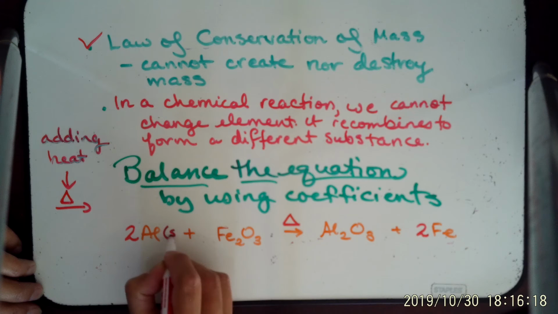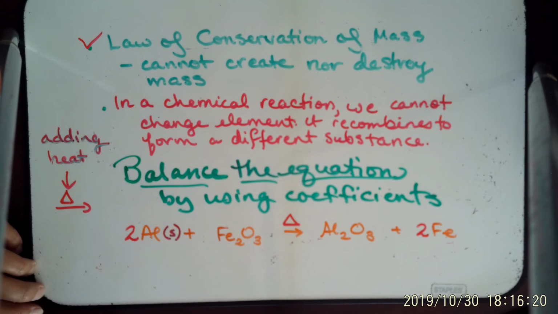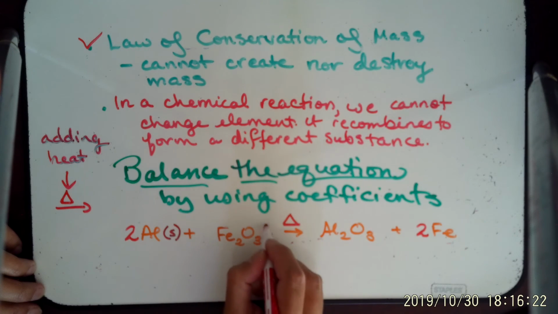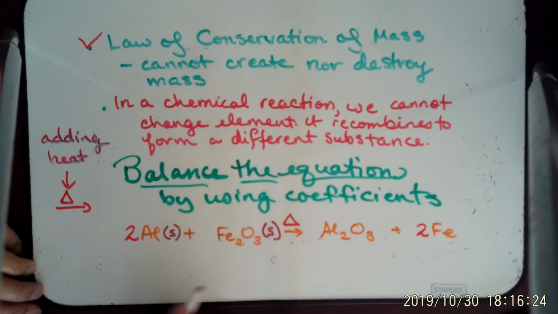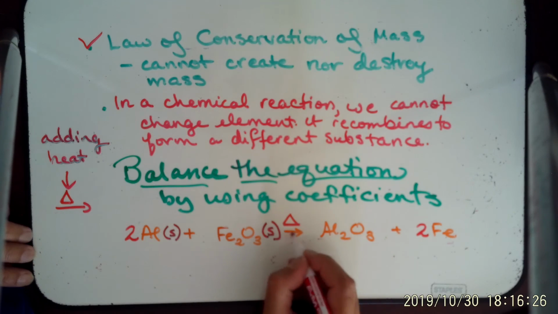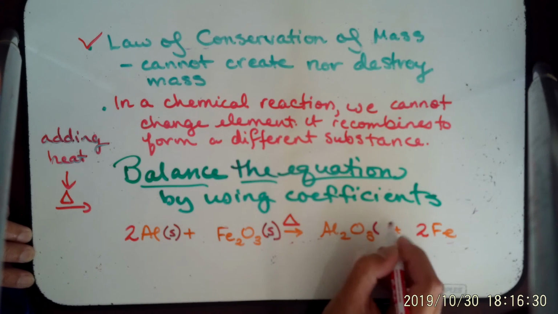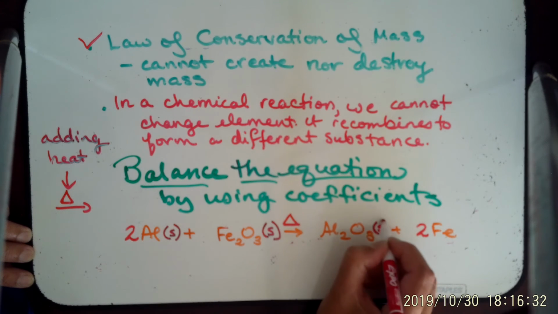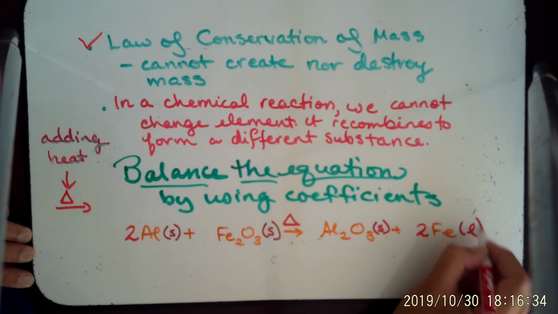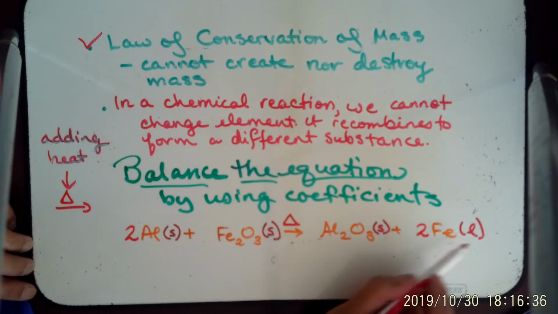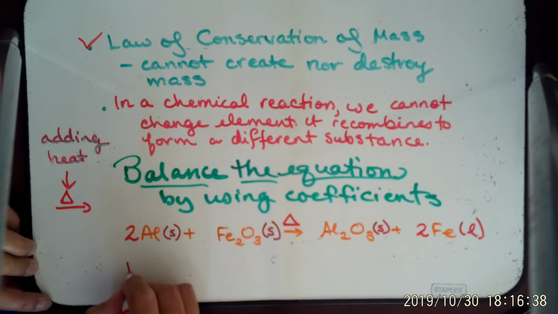So aluminum, we know, starts off as a solid. And then this is going to be solid. It's an ionic compound. When you actually heat it up and this reaction occurs, you form a solid here, but the iron actually is molten iron. So, what are all these symbols? These are our physical states.